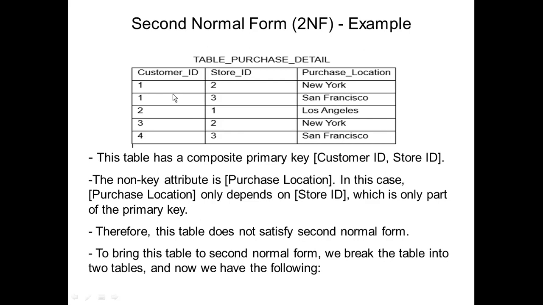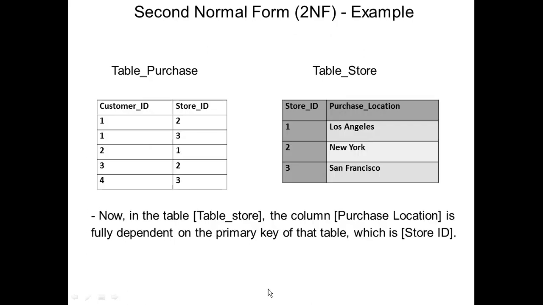So what we have to do, we have to split this table into two: customer ID, store ID, and store ID, purchase location. Our primary key was customer ID and store ID. Now in this case, the purchase location is dependent on store ID. So this table is in second normal form.